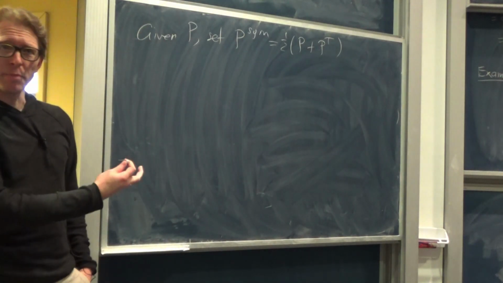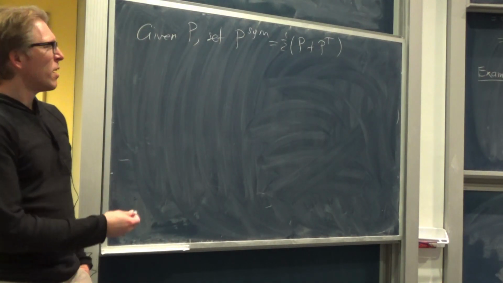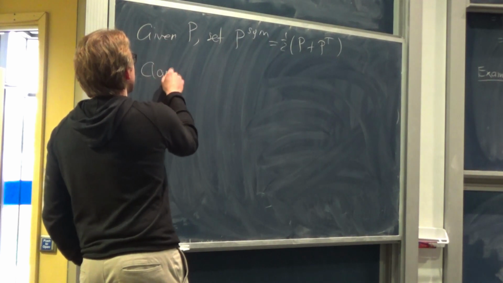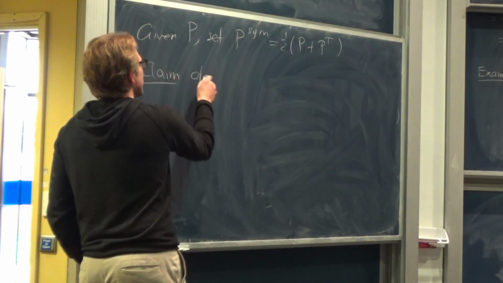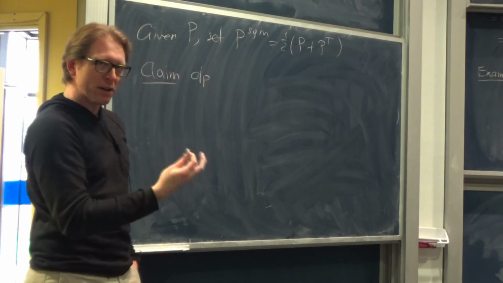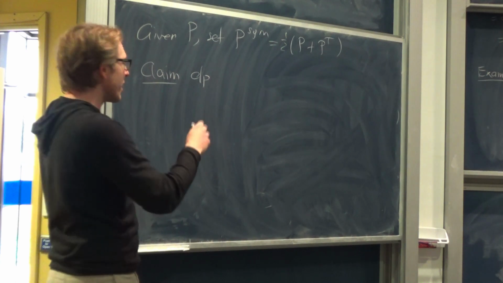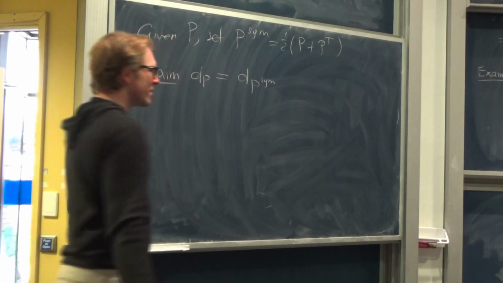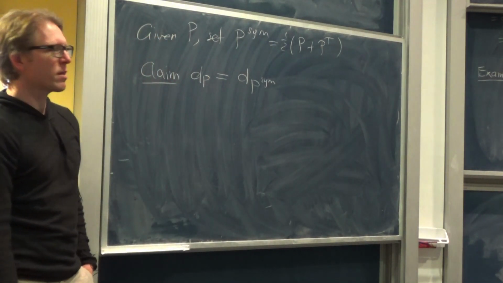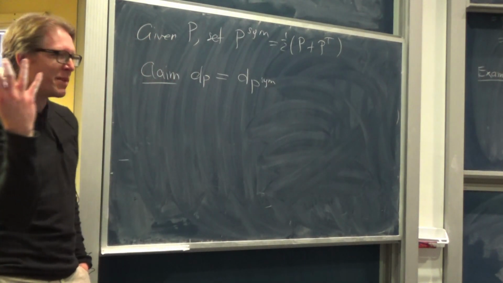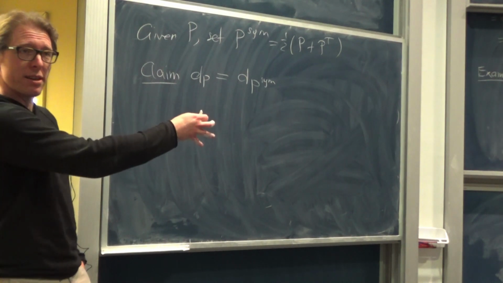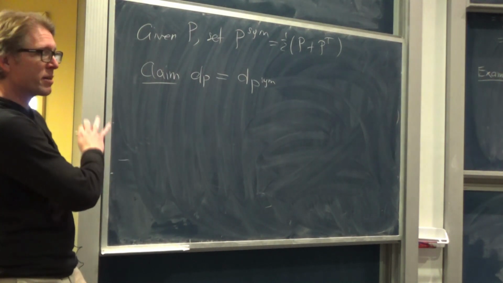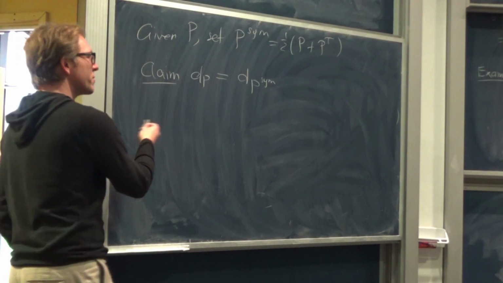Well, we agree that's a symmetric matrix. I claim that the candidate metric, that is this function of two vectors that I get out of P, is the same as the function I get out of the symmetrization of P. Right. And for that reason, who cares about non-symmetric matrices, right? We're interested in the metric at the end, so I might as well only care about symmetric matrices. So that's the point of the claim.